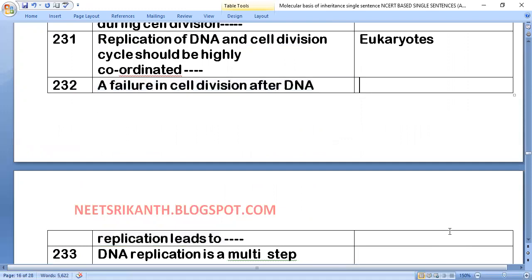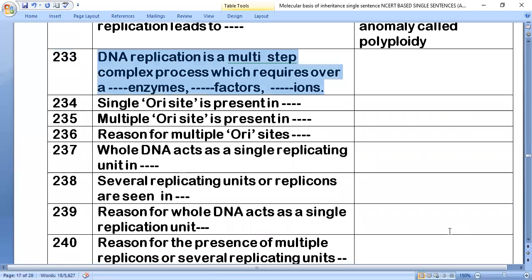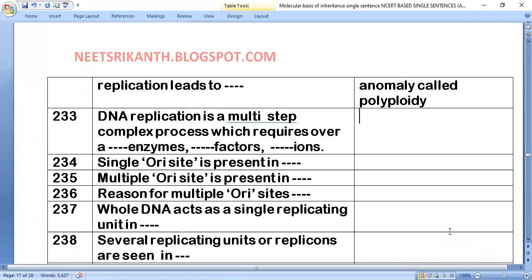A failure of cell division after DNA replication leads to a chromosomal anomaly called polyploidy. DNA replication is a multi-step complex process which requires over a dozen enzymes, protein factors, and viral DNA.